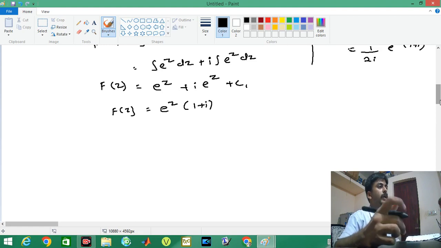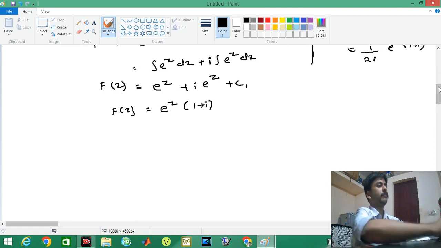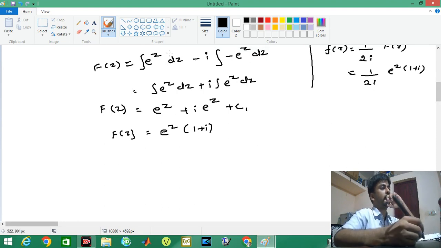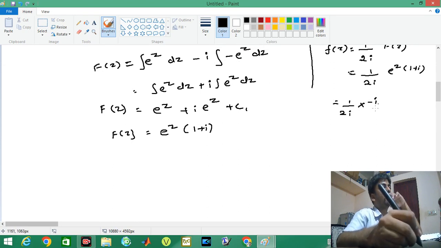I am going to multiply this term by minus i on both sides of the division, that is on numerator and denominator, that is equal to 1 by 2i into minus i by minus i into 1 plus i of e power z.